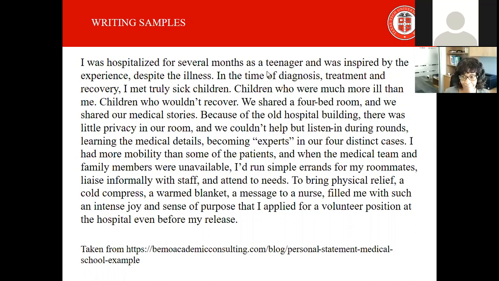I was hospitalized for several months as a teenager and was inspired by the experience, despite the illness. In the time of diagnosis, treatment, and recovery, I met truly sick children. Children who were much more ill than me. Children who wouldn't recover. We shared a 4-bedroom and we shared our medical stories. Because of the old hospital building, there was little privacy in our room, and we couldn't help but listen in during rounds, learning the medical details, becoming experts in our 4 distinct cases.